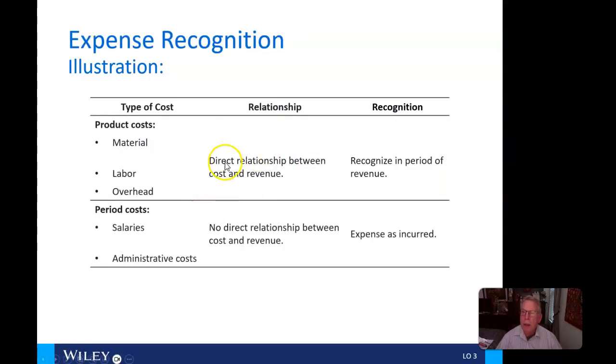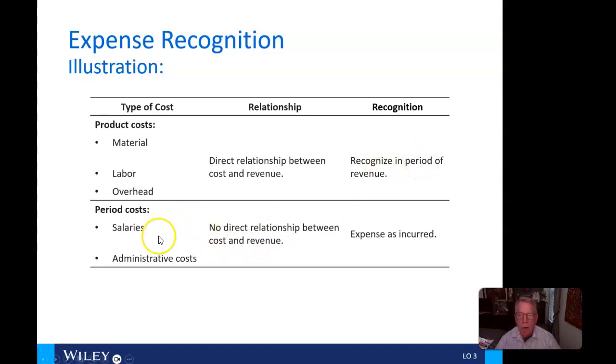Okay, now product costs, I think you'll remember that from 101 or 102 as the case may be, managerial accounting, and here there's a direct relationship between cost and revenue. We recognize that in the period that the revenue is generated, in my last example, when the goods are shipped.